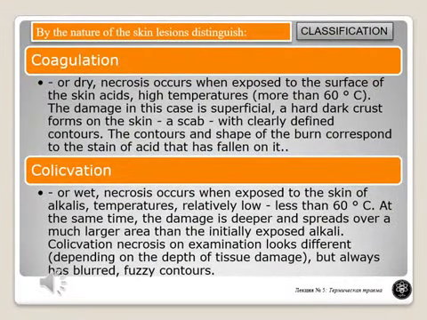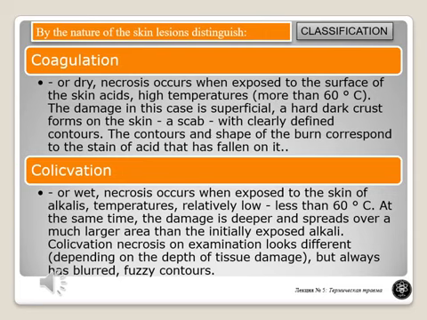By the mechanism of getting a burn, burns are usually divided into coagulation and colliquation burns. Coagulation burn, also called dry, is necrosis that occurs under the effect on the skin surface of acids or high temperatures of more than 60 degrees Celsius. The damage in this case is superficial.